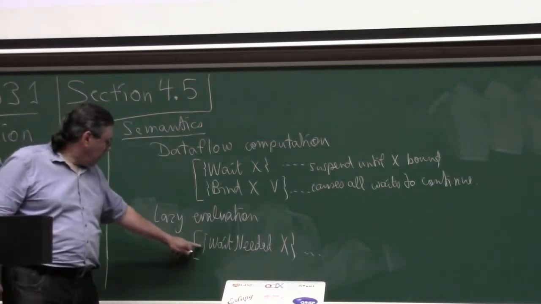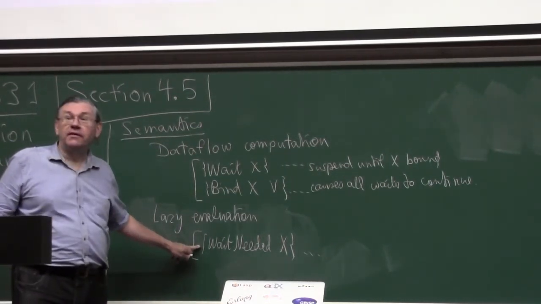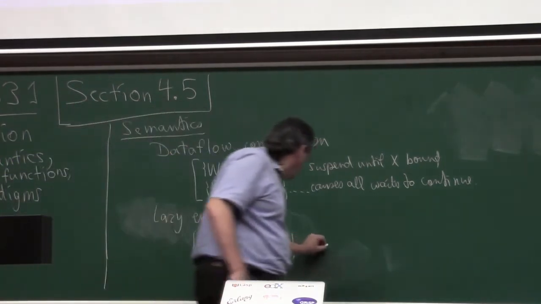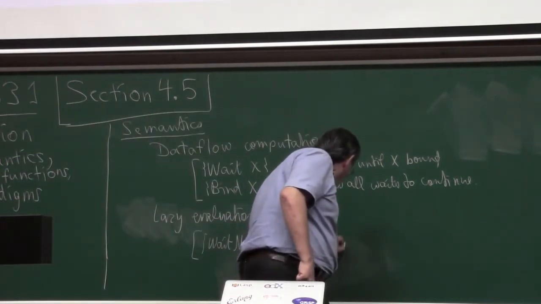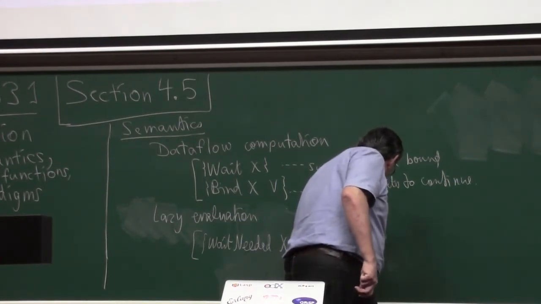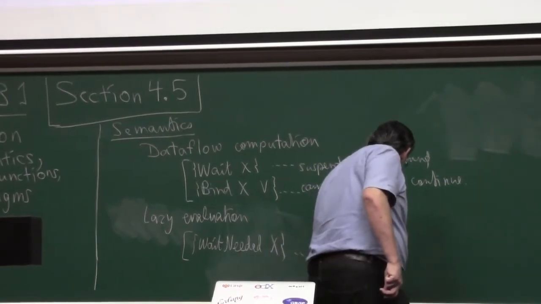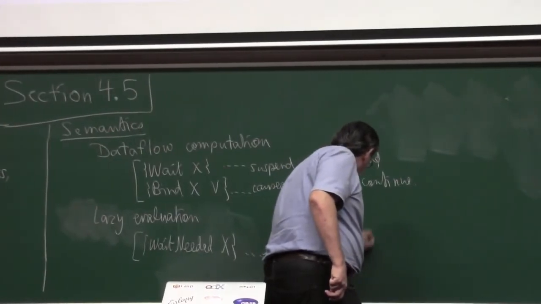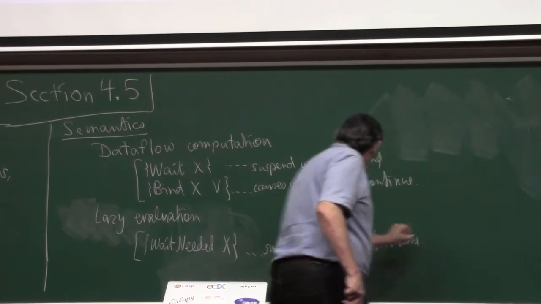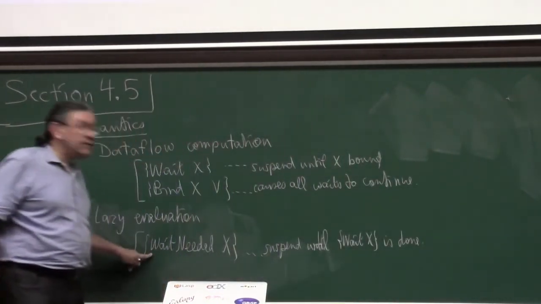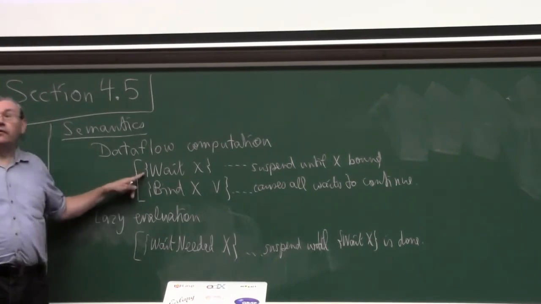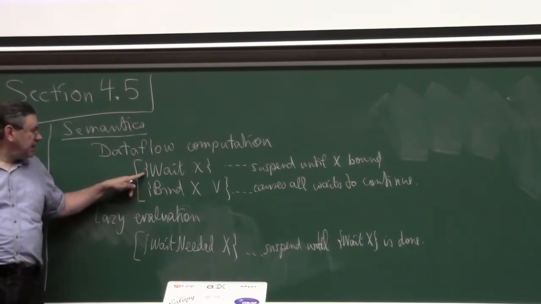Okay, so the wait needed also waits. But it does not wait until x is bound. So basically, it waits on another condition. So it waits until there is a wait x. This one will wait until another thread does wait x. See, it's a little bit subtle, huh?